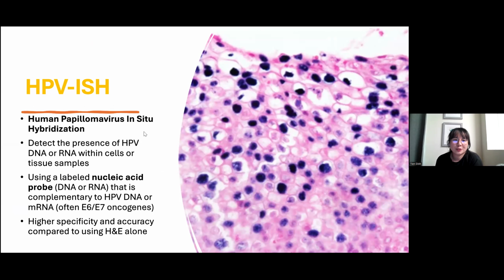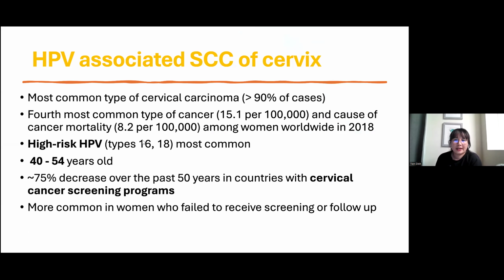We detect HPV DNA and RNA by using a labeled nucleic acid probe, and many studies show that this test has higher specificity and accuracy compared to using H&E alone. So in this patient, we have a positive HPV. In conclusion, this patient has an HPV-associated squamous cell carcinoma of the cervix.